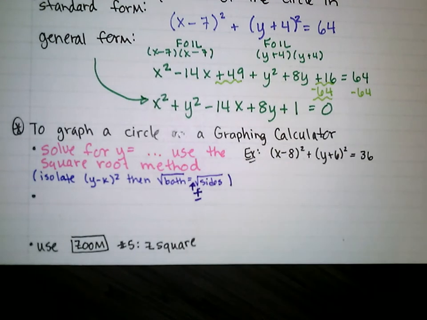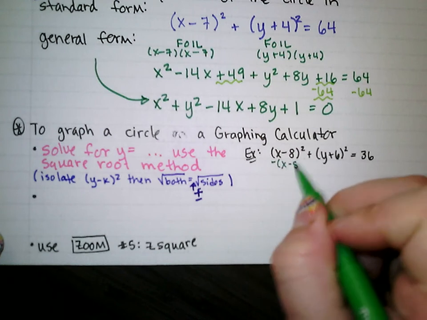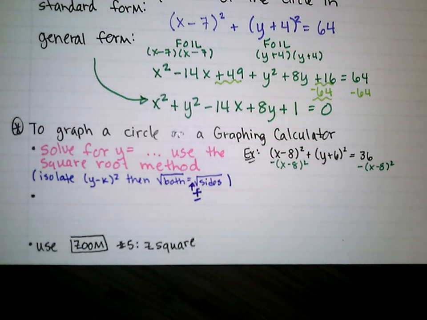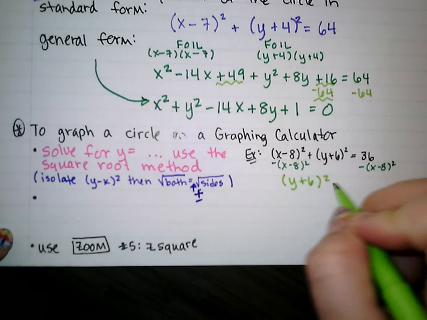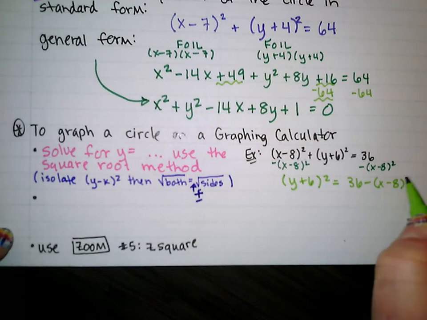Okay, step 1. So I'm going to subtract this x minus 8 squared. So I'll have y plus 6 squared equals 36 minus x minus 8 squared.